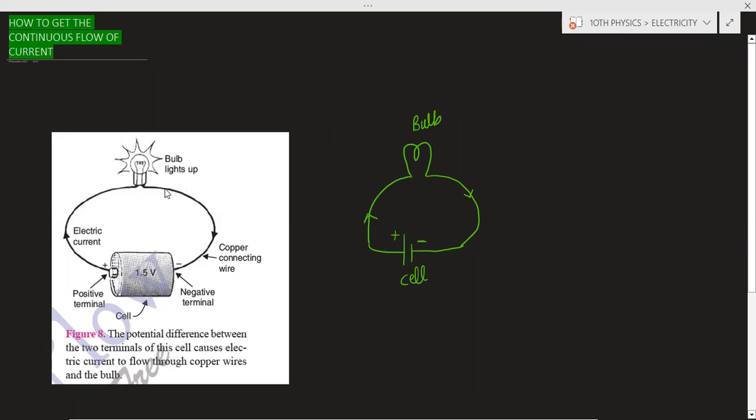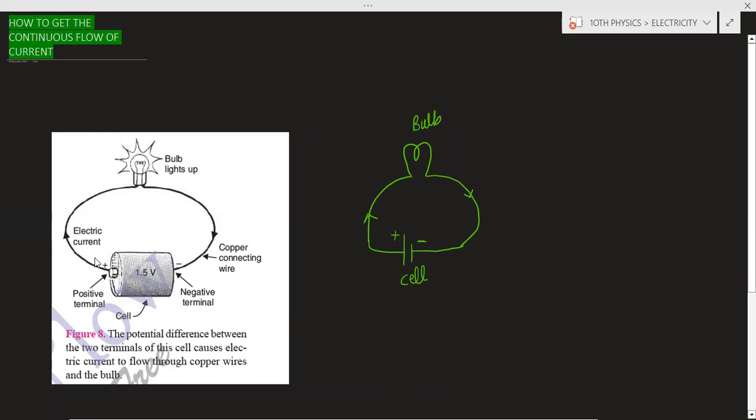If you connect one end of this bulb with the help of a wire to the negative end, and another end of this wire to the positive end, what will happen? A potential difference is created at the ends of the wire. Here, this point of the wire will be at a negative potential of some value, and this point will have a positive potential. So there is a potential difference due to this cell, and then the current will flow.